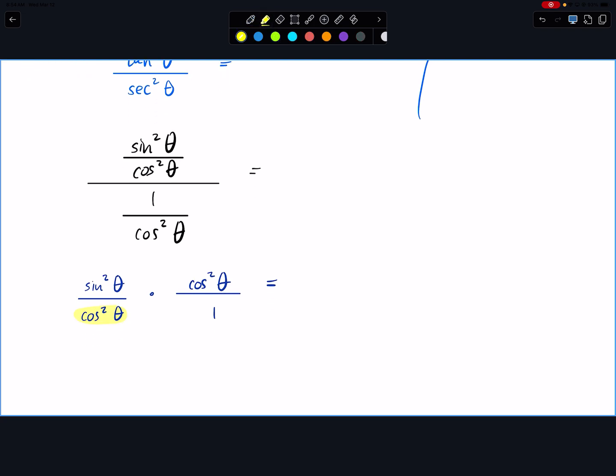Cosines cancel. So what does this become? Sine squared theta is equal to sine squared theta. Okay.